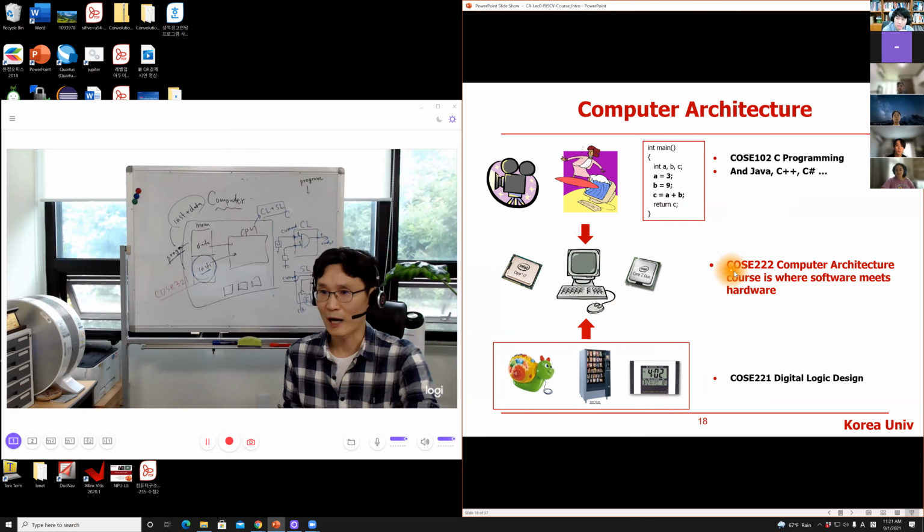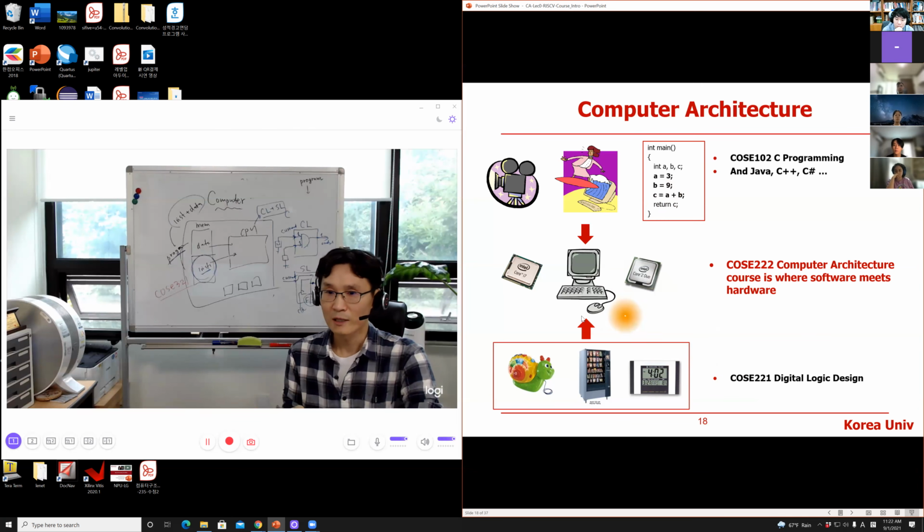And this computer architecture course is the place where software meets hardware.